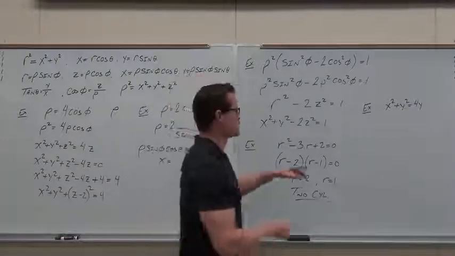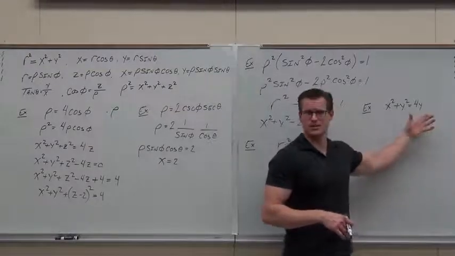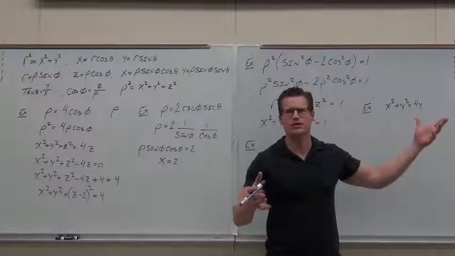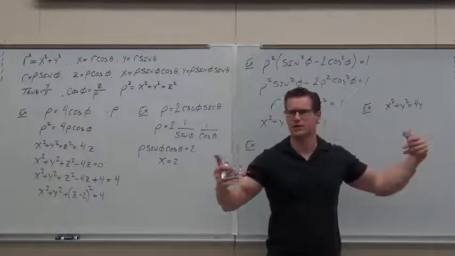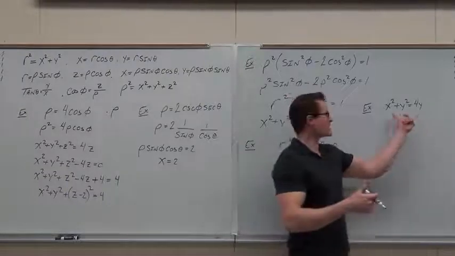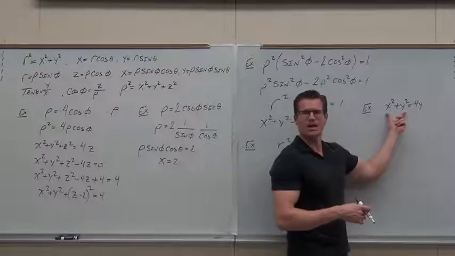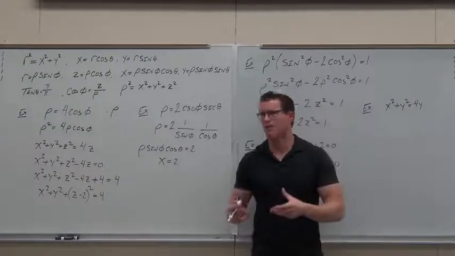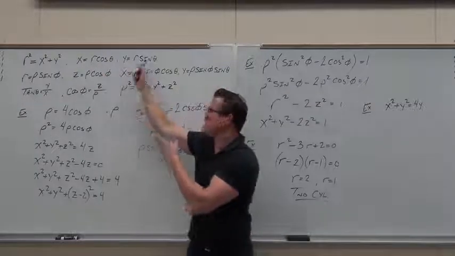So for instance, by the way, what would you categorize as that? Rectangular, cylindrical, or spherical? It's obviously rectangular because there's only x's and y's. Do you know how much x squared plus y squared is? Use that. If it's a minus, you got a little bit more work to do. Does that make sense?